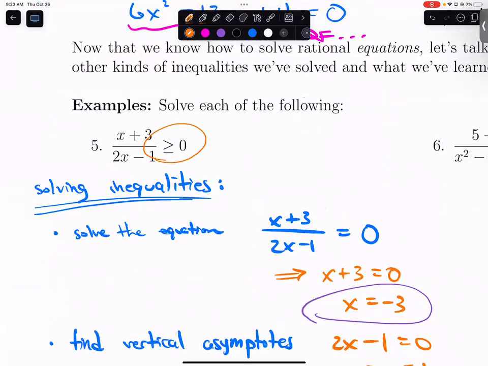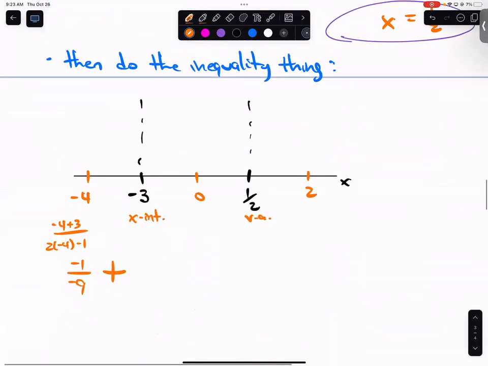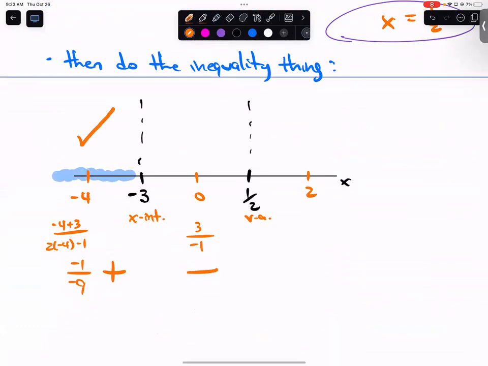True, right? I got a positive thing. Positive is bigger than 0. So when I go to write down my solution set, that's going to be part of it. Same thing at 0: 0 plus 3 over 0 minus 1. Overall, that is negative, which means the inequality is false, right?